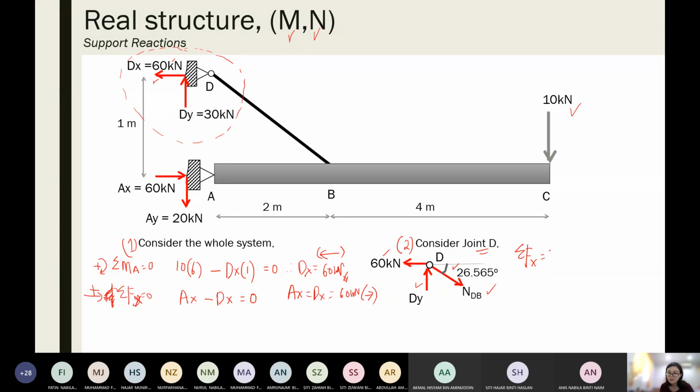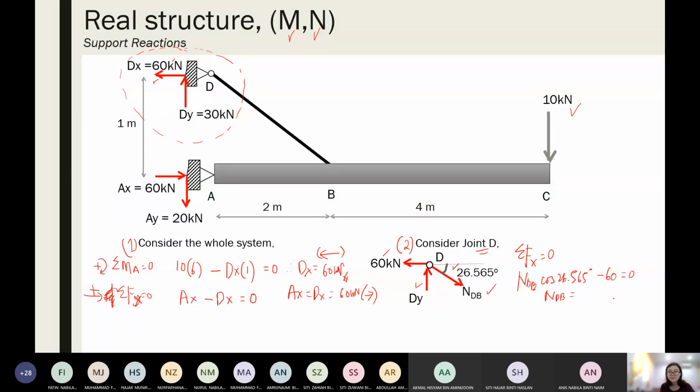So if I put the summation Fx first, then I have only one unknown: NDB cos 26.565 minus 60 equal to 0. So here I can directly solve for NDB.